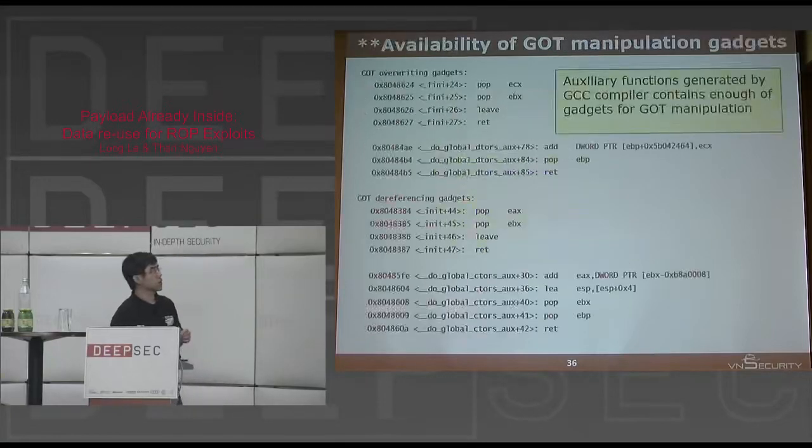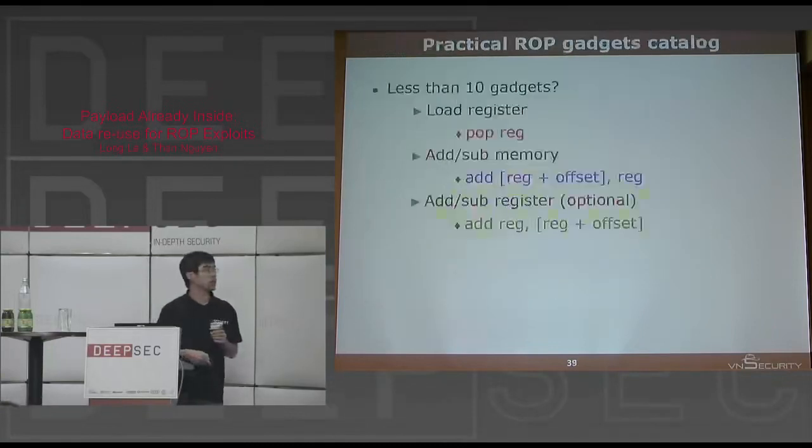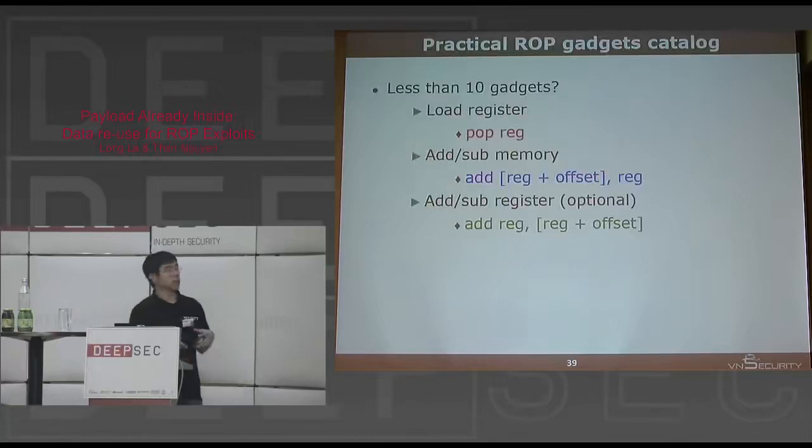That's why we talk about those auxiliary functions in GCC, which are less dependent. I don't care what the program is doing, because those gadgets are always available in the destructor and constructor functions of the libc of the GCC generated program.